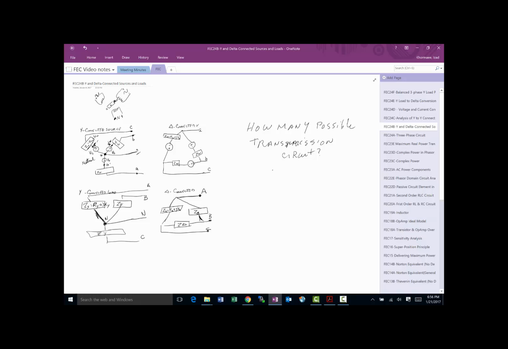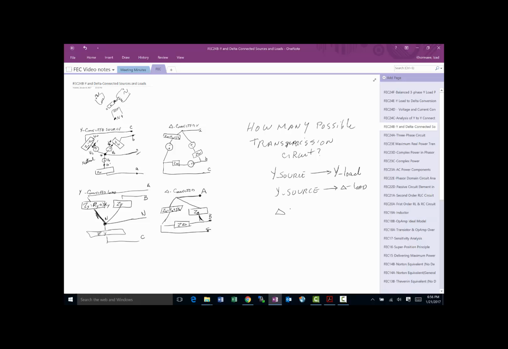If you think about it, I could have a Y source, and this Y source could be going to a Y load, or this Y source could be going to a delta load.